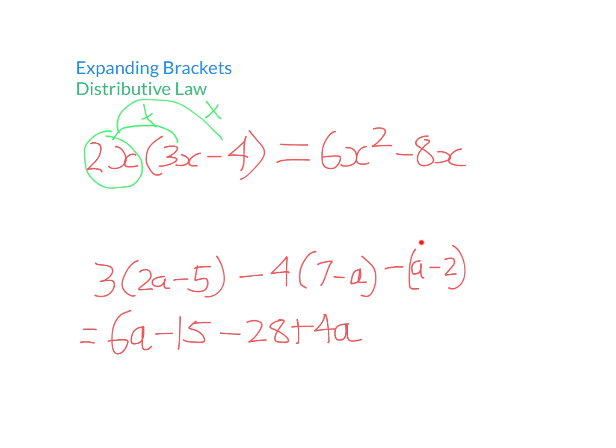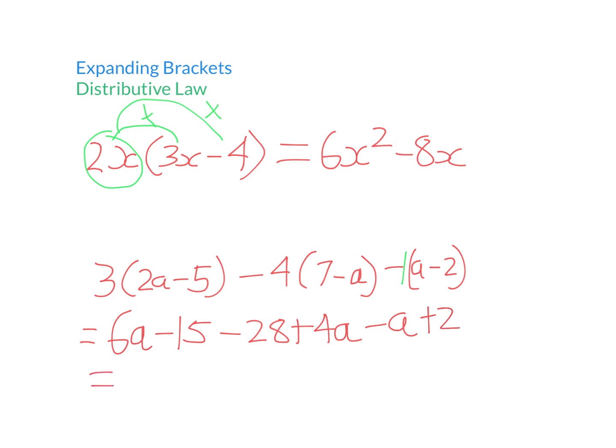Now, this last bracket is a bit hard to expand. It's like there's an invisible 1 out there. This is negative 1 times a, so that just equals negative a, and then negative 1 times negative 2 just gives positive 2, because remember, two negatives multiply to give a positive.